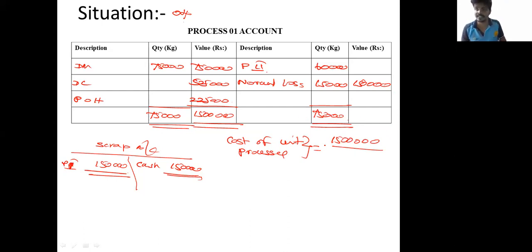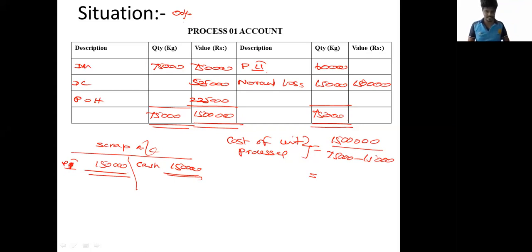Expected good units means input minus normal loss. Here input 75,000 minus normal loss 15,000. That means 1.5 million divided by 60,000. Oh sorry.